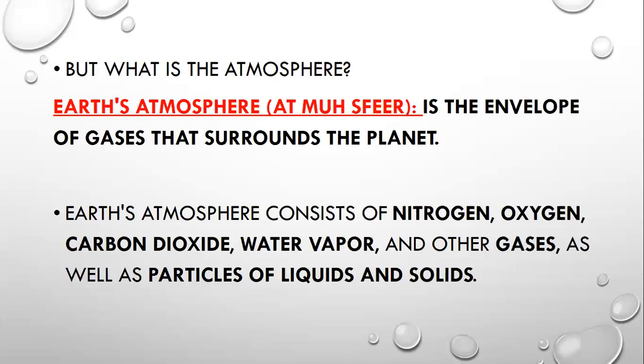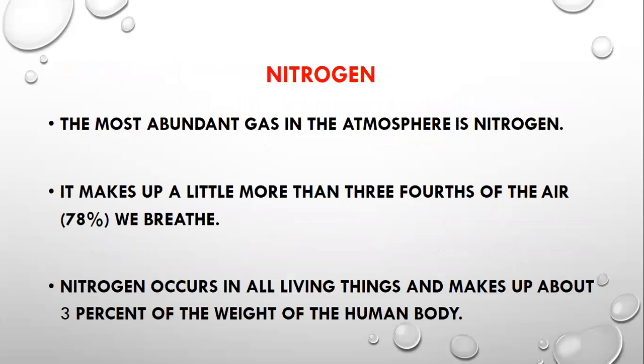You also get particles of liquid like water droplets and solids like smoke and dust. First of all, nitrogen. The most abundant gas in the atmosphere is nitrogen. It makes up a little more than 3/4 of the air, around 78% of the air we breathe.